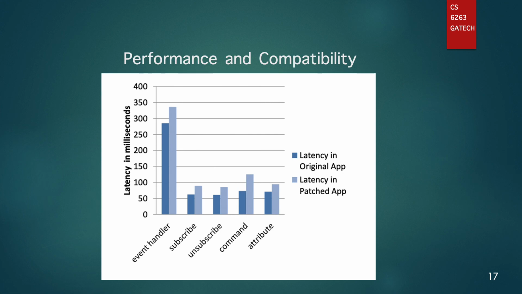Event Handler incurred the highest incremental overhead, while commands incurred the highest proportional overhead, almost double the base case.